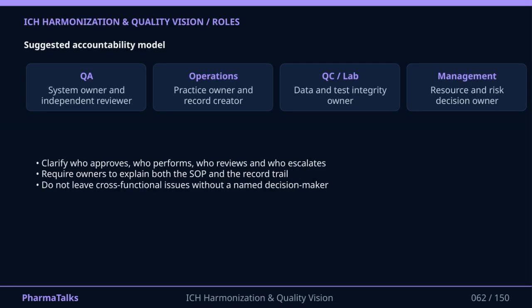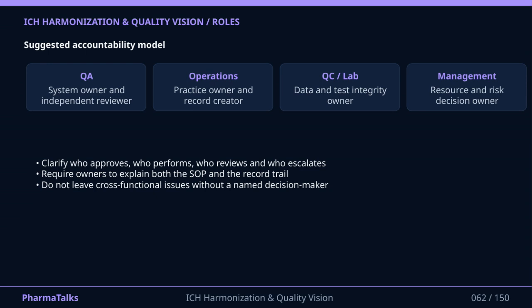On this slide, we're looking at the suggested accountability model within the ICH harmonization and quality vision framework. The main focus here is clearly defining roles and responsibilities to ensure quality and compliance. Quality assurance, or QA, acts as a system owner and serves as an independent reviewer, overseeing processes objectively.